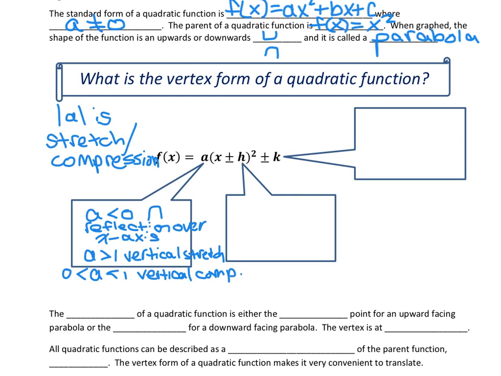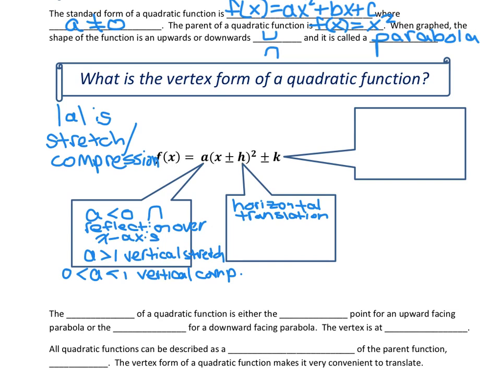Okay, great. Now the h, of course, is our horizontal translation. And we already know that if we're saying x plus h, that means we're going left. And if we say x minus h, that means we're going right.